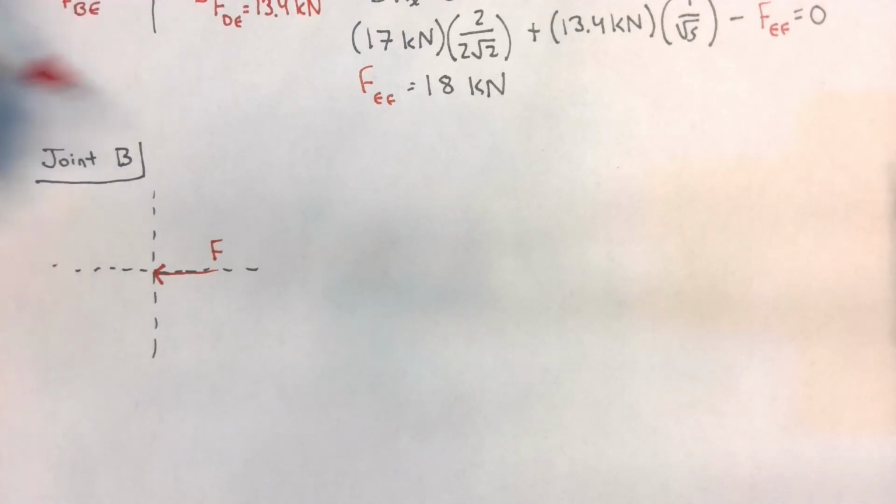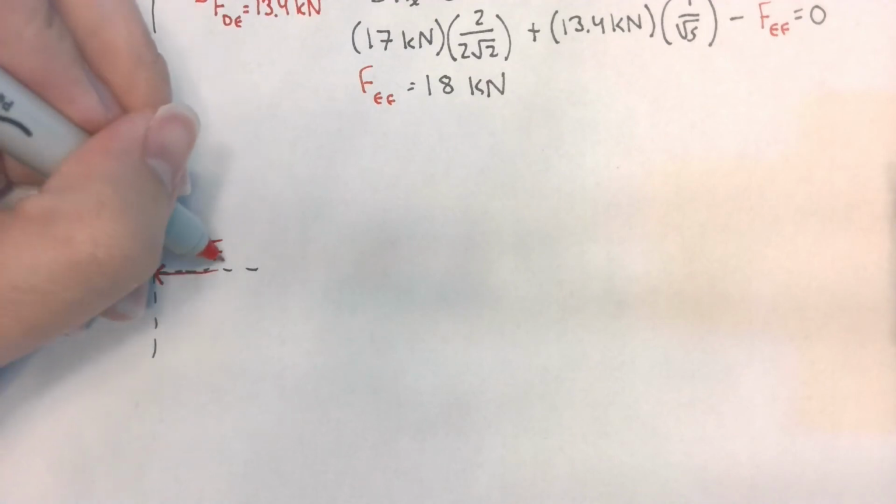Let's jump to joint B. Okay? And I'll have some announcements, but I'll say them after I finish this exercise. So for joint B, we have our force from B to C, which we already found to be 6 kilonewtons in compression.